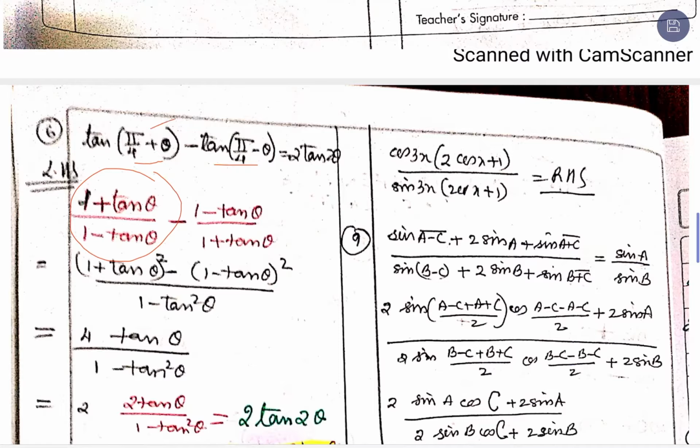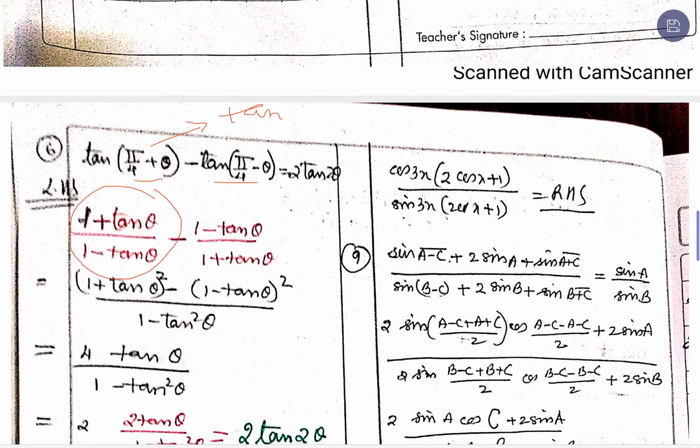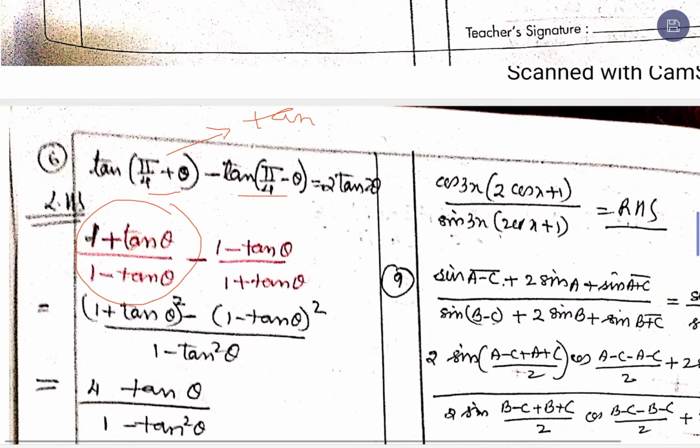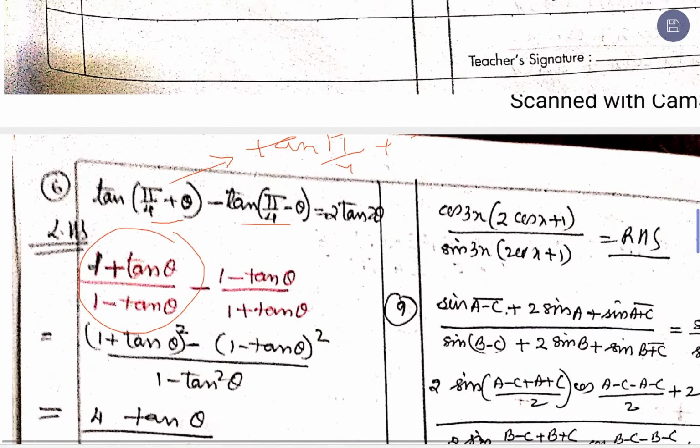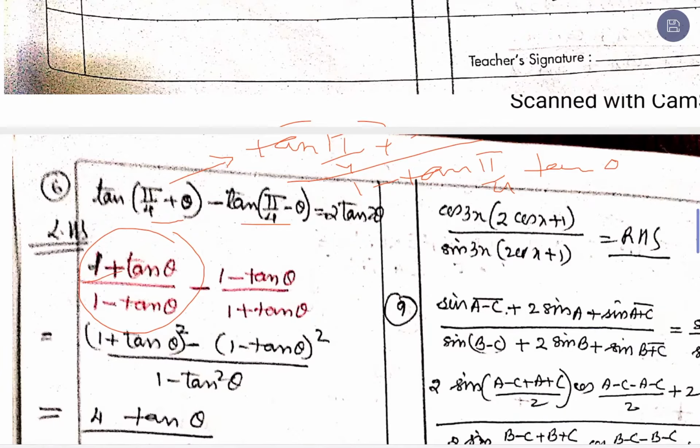When you expand tan of (a plus b), we get (tan pi on 4 plus tan theta) upon (1 minus tan pi on 4 tan theta). Now, tan pi on 4 has the value 1, so we get (1 plus tan theta) upon (1 minus tan theta).